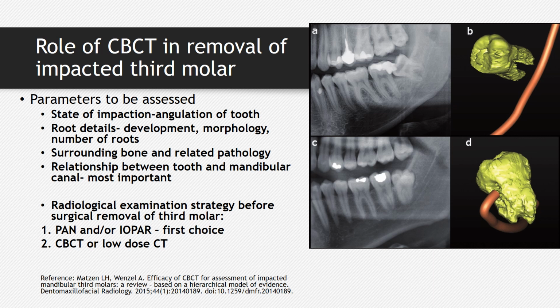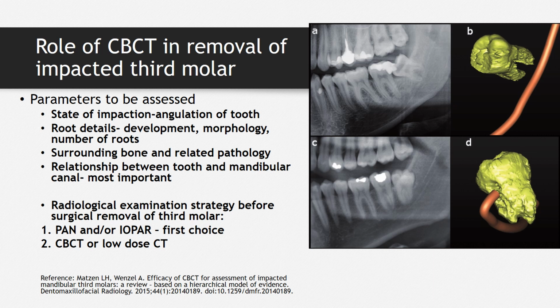So let's look at some examples of the role of CBCT. For example, the role of CBCT in the removal of an impacted third molar. What are we looking for actually? The parameters to be assessed are the state of impaction, what is the angulation of the tooth, root details, you want to look at the development, morphology and the number of roots, you want to see the surrounding bone and the related pathology, and you also want to see, most importantly for a mandibular molar, the relationship between the tooth and the mandibular canal.